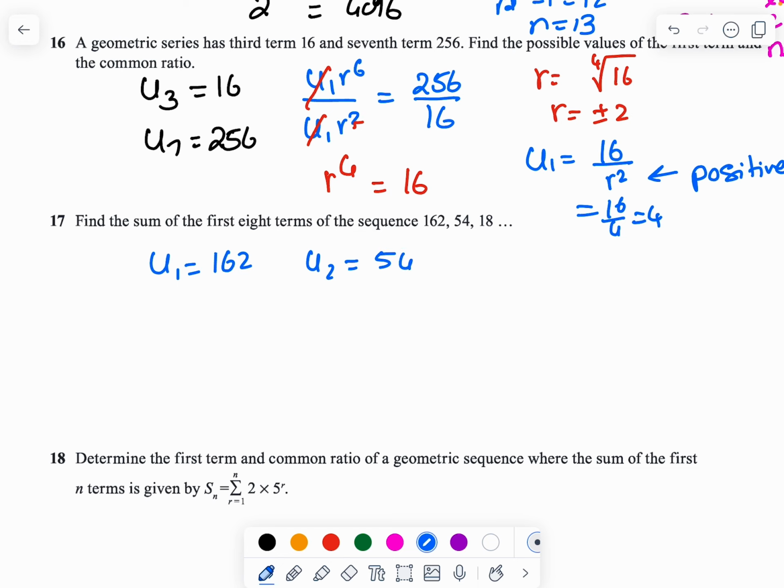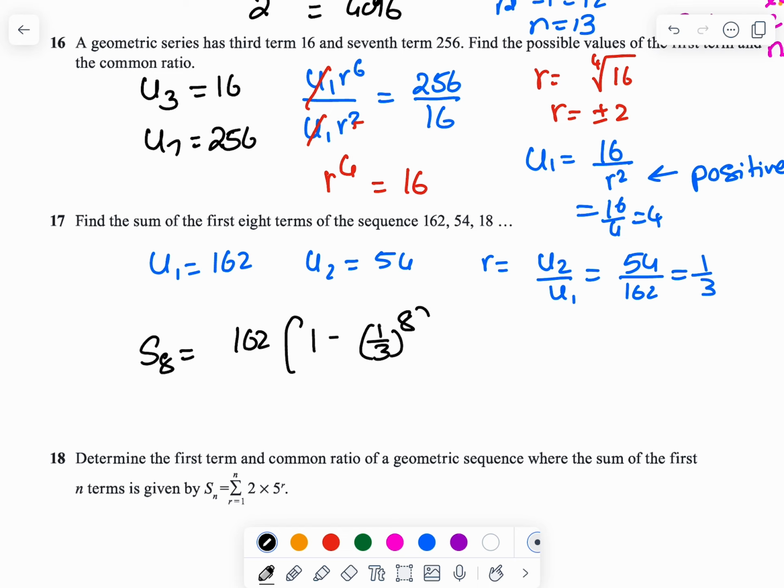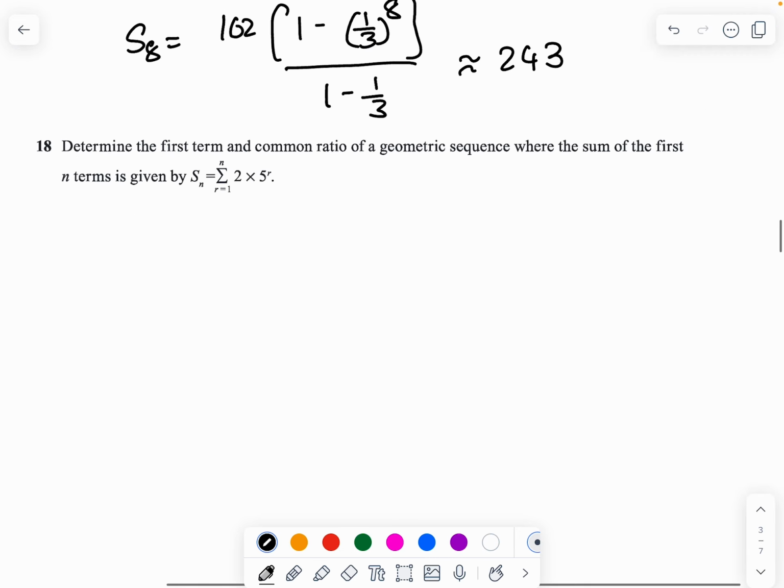Now you can see that the common ratio equals to u2 divided by u1, which is 54 divided by 162, which is 1 upon 3. So he is asking S8, which is u1 times 1 minus r to the power of n upon 1 minus r. Simplify that, you will be approximately getting 243.